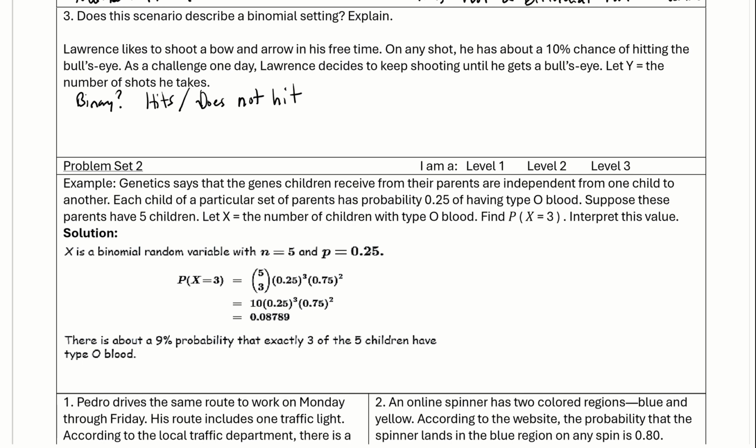All right, and then is it independent? Yes. In this case, one shot's outcome doesn't affect the next.